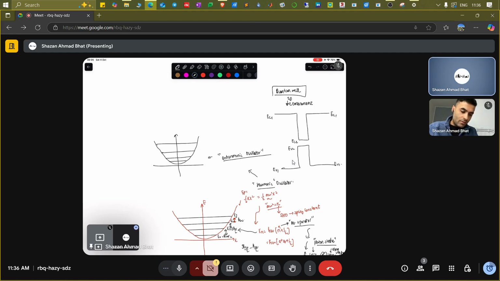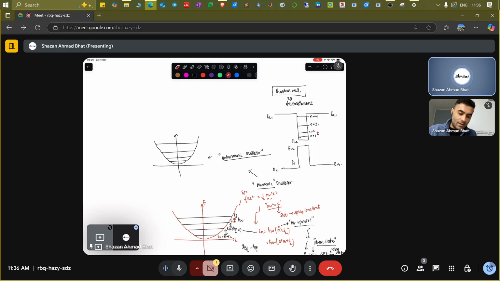Now you know that when you solve the Schrodinger equation, you get the energy levels as n equals 1, n equals 2, n equals 3, n equals 4. You see what is happening as we go towards higher and higher energy levels?